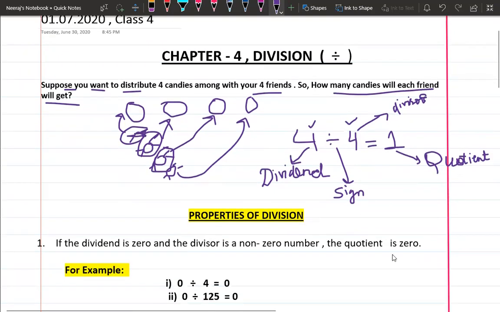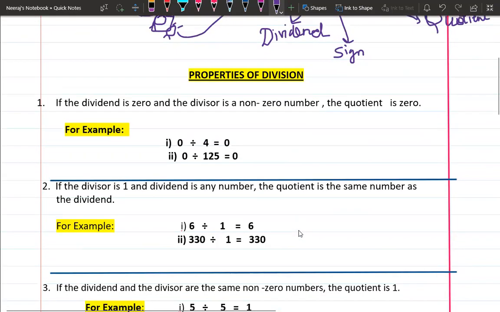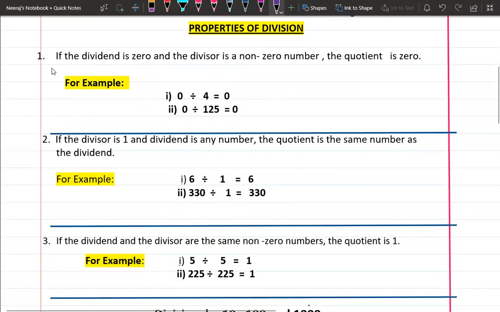So let's start with the properties of division with one example. The first property is: if the dividend is 0 and the divisor is a non-zero number, then the quotient is 0. We always use a division box to divide numbers.